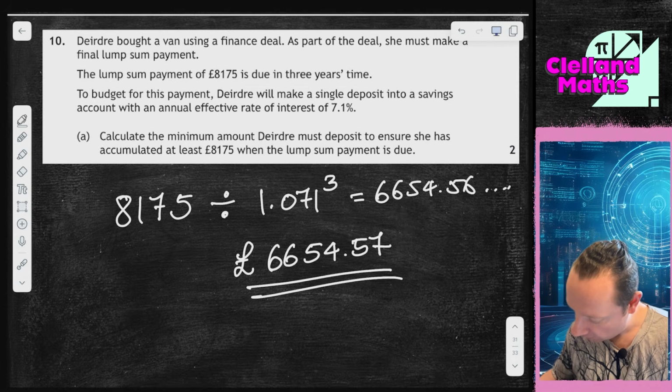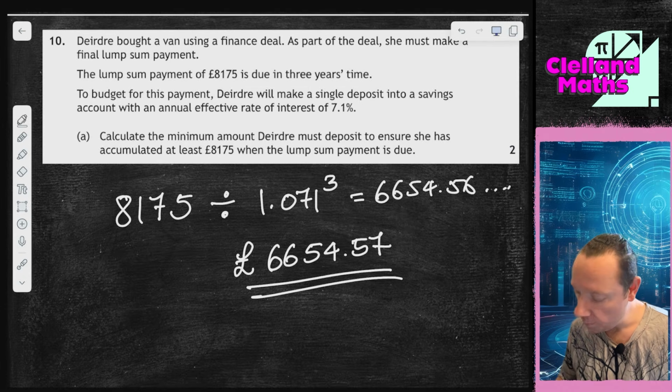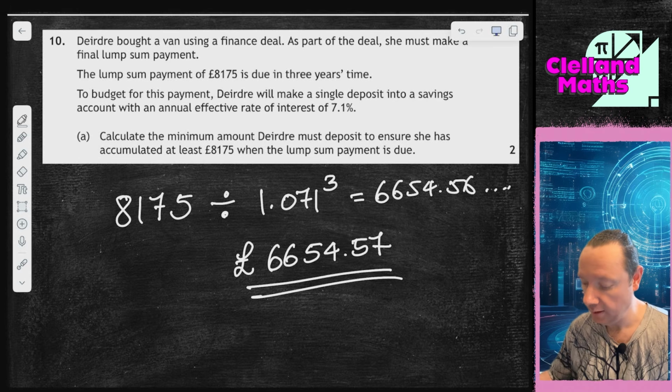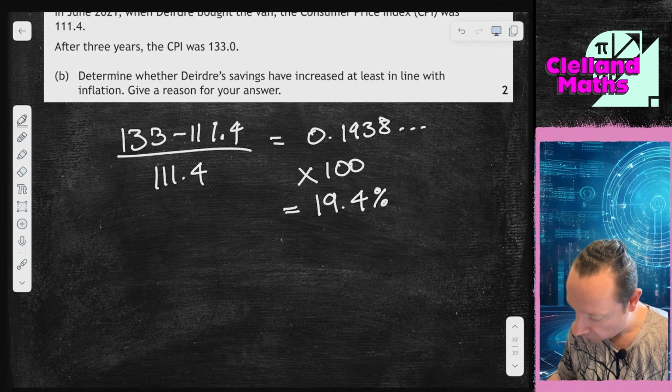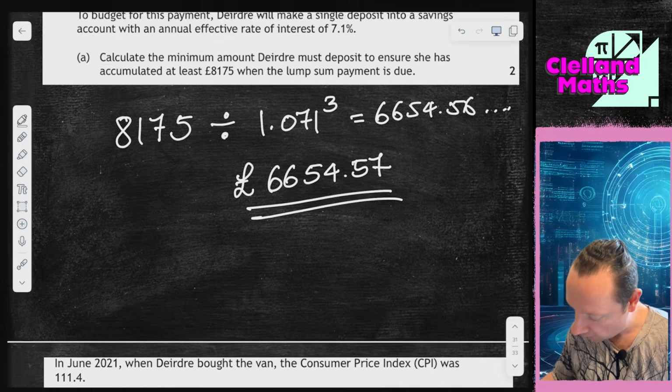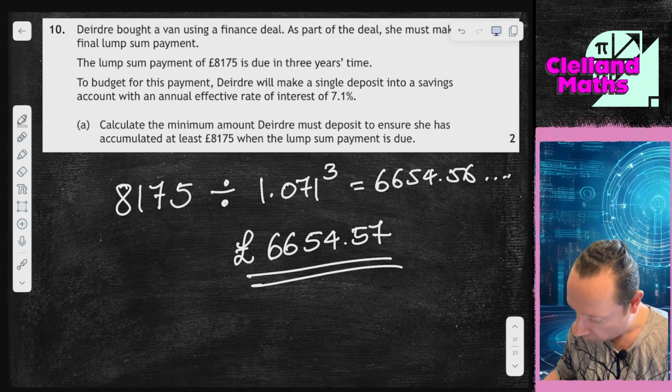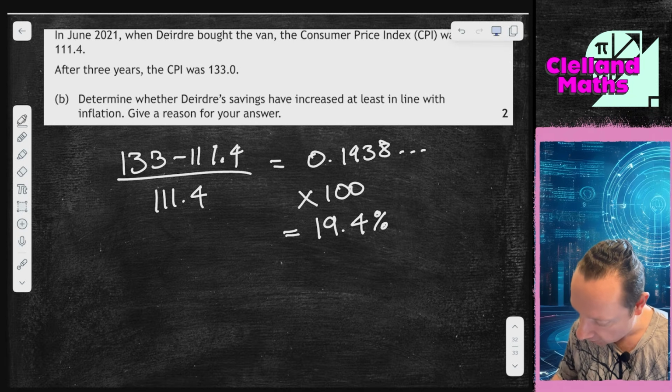Now, what about her savings? Well, it's not just 7.1%, it's 7.1% accumulated per year, 3 years. So I can compare it by doing a few things. I could do 19.4% of the deposit and add it on, or I can just take the inflation.